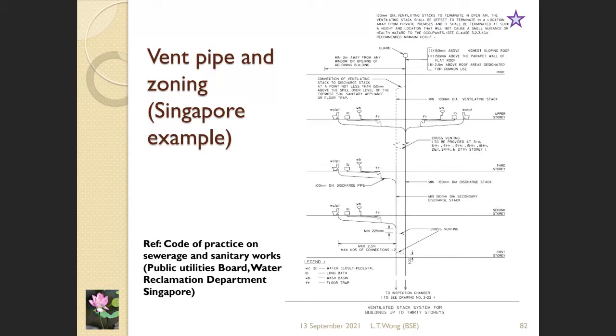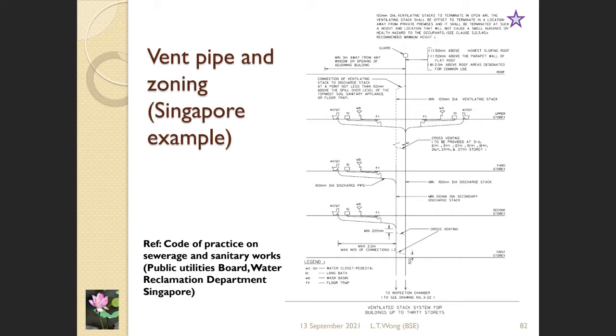Another one is a practical example from the Public Utilities Board, which is a Singapore design. Singapore also has quite a lot of high-rise buildings, similar to Hong Kong. Therefore, they have one design actually adopted in many buildings in Hong Kong, but not listed in any regulation because of performance-based setting, which also has secondary ventilation.